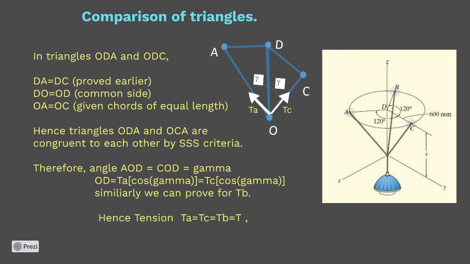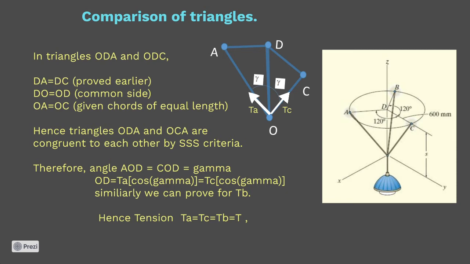Side DO and OD are common sides of these triangles, and OA is equal to OC, the given cords of equal length, as per the question. Hence, triangles ODA and OCA are congruent to each other by SSS criteria. Therefore, we can prove that angle AOD is equal to angle COD, which is equal to gamma.